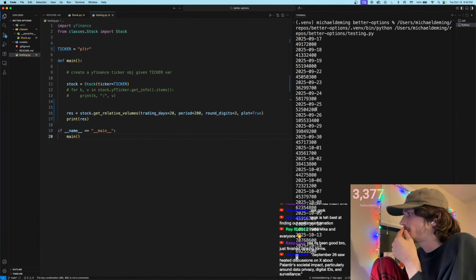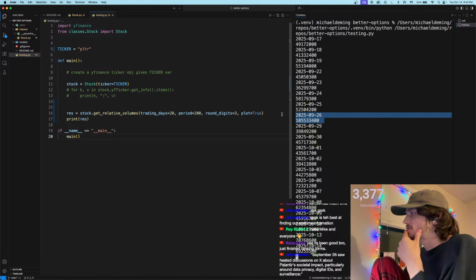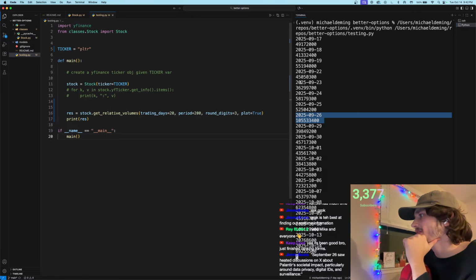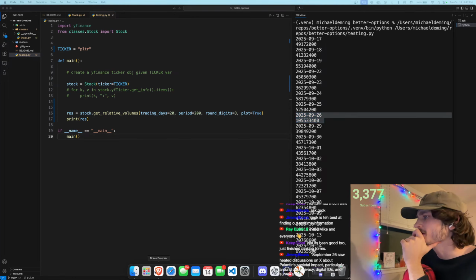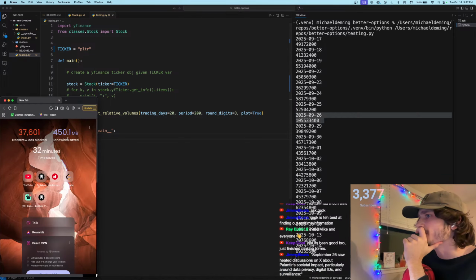Okay, so then, yeah, on the 26th we get a huge spike in volume, which doesn't make sense, because Yahoo Finance is not showing that spike.